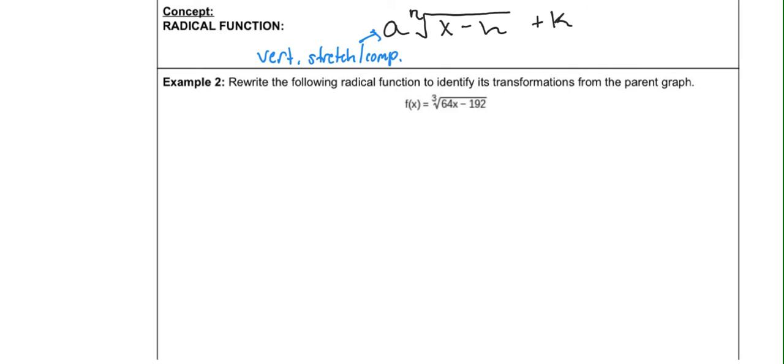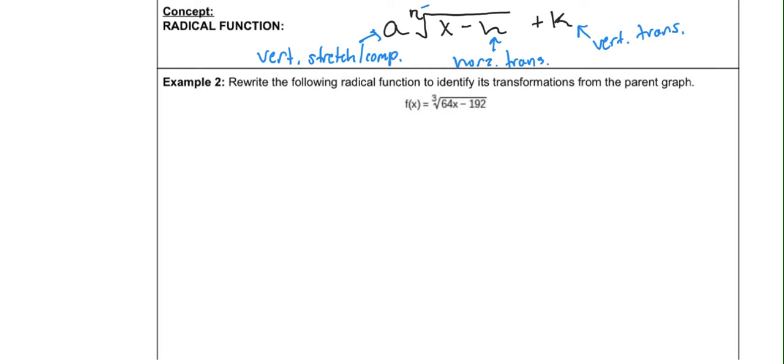A fraction like 1/4 would be a compression, where a equals 2 would be a stretch. h is our horizontal translation, so left or right, and remember it's minus h here, so you go the opposite direction of what you see. And then k is our vertical translation, so it goes up or down.